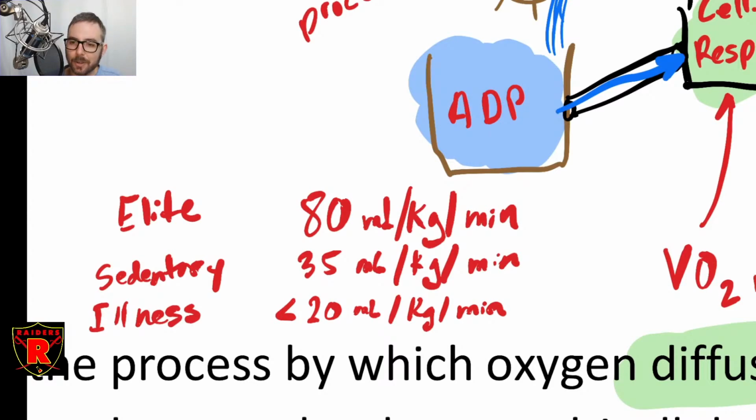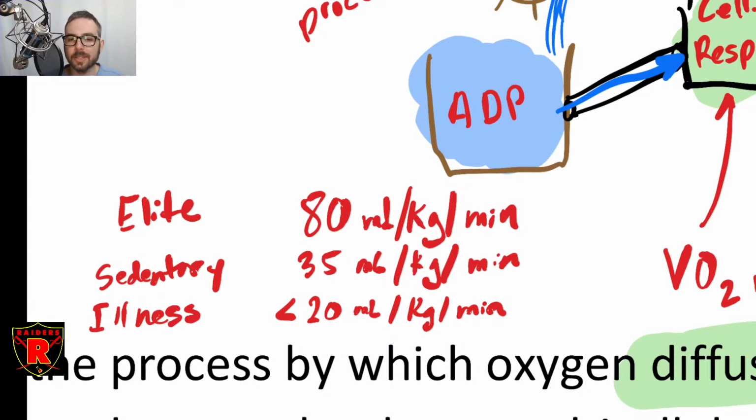As a sedentary person, which unfortunately probably many of us are, not getting a ton of physical activity, and I am talking about somebody of approximately the age of mid-teens to early 20s, so I'm trying to apply this to you, your VO2 max is probably somewhere around 35 milliliters per kilogram per minute if you are a regular sedentary person. Okay, that is an average.